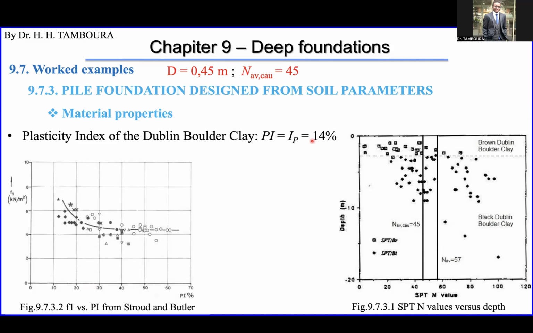And this figure, as a design chart, gives us the shaft friction using only the plasticity index. So for our case, this is the given data, 14%. If you read it here, it will be around here, so you can read and find the value of this factor.